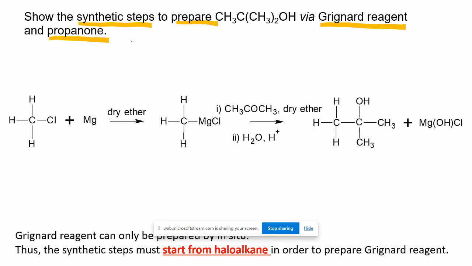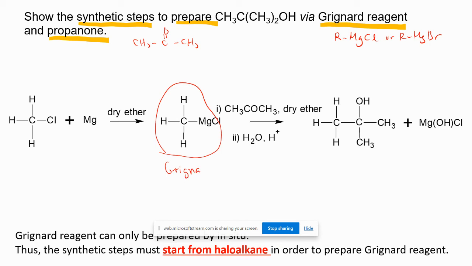First, propanol. And then here it only mentioned Grignard reagent. You can use MgCl or MgBr. Usually students will start from here, that is, this is the Grignard reagent.